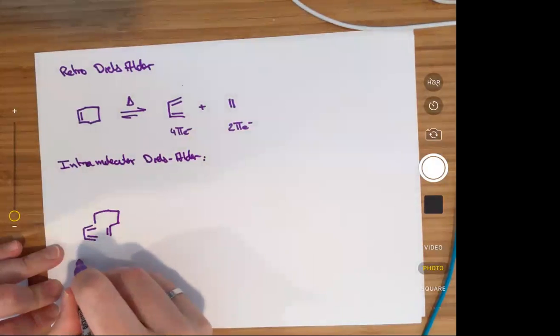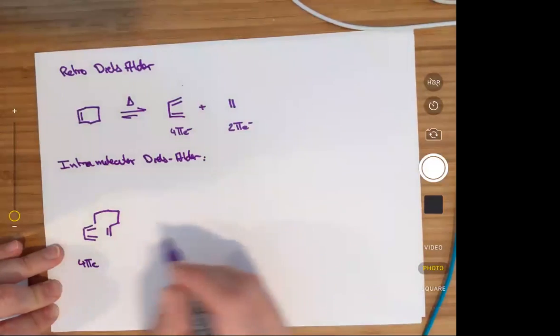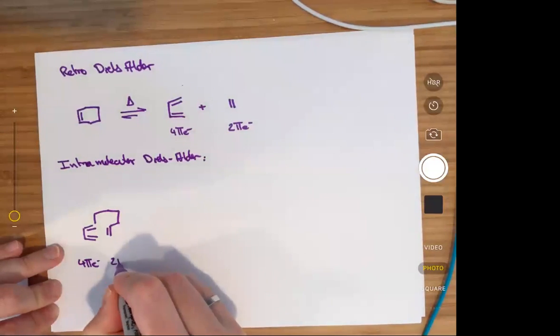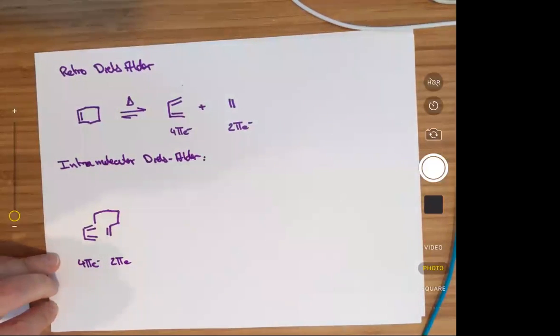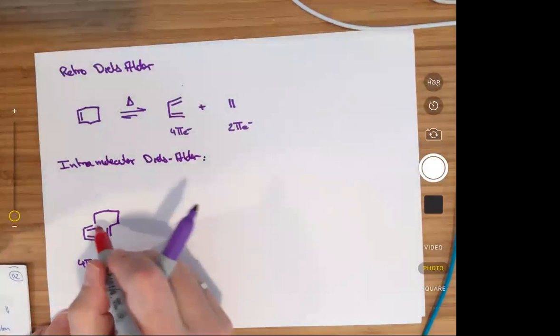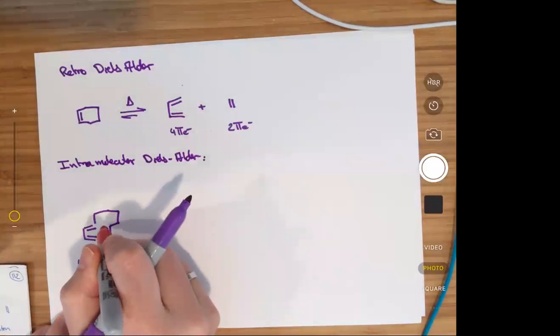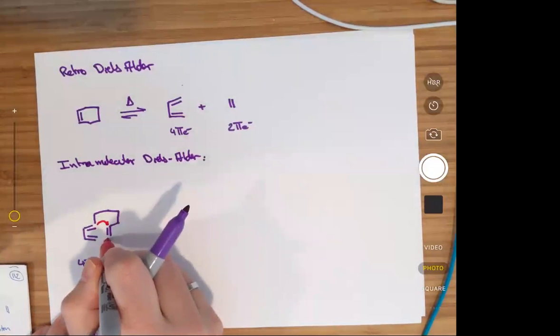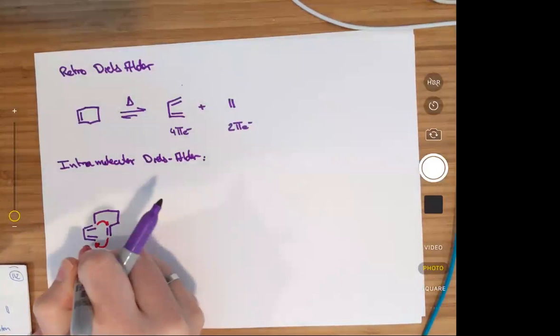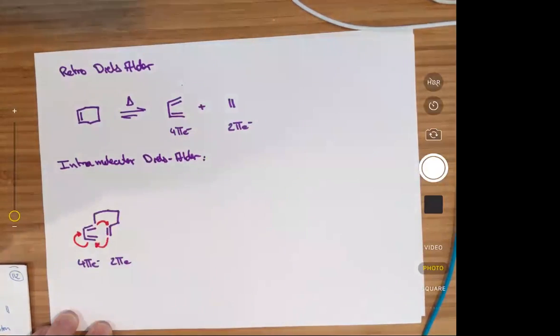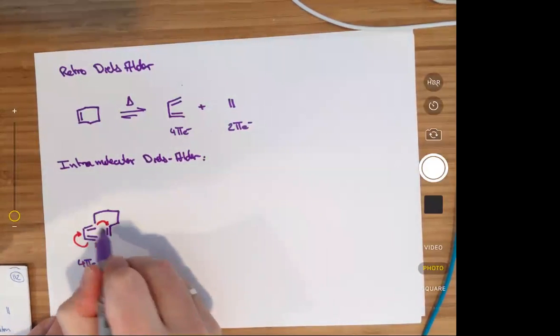So you have your 4 pi electrons on this side, and you have your 2 pi electrons on the opposite side. Now, it happens to be that this is linked now into a continuous chain, but the process is exactly the same. So you can take these electrons, push them over here, take these electrons and push them over here, and take these out and push them here. And then in a concerted reaction, you essentially form 2 new sigma bonds between these 2 ends here.